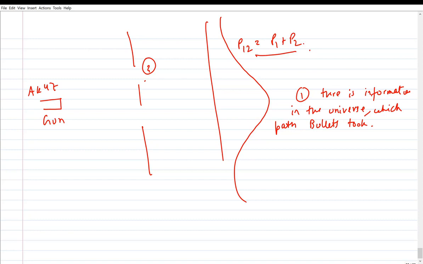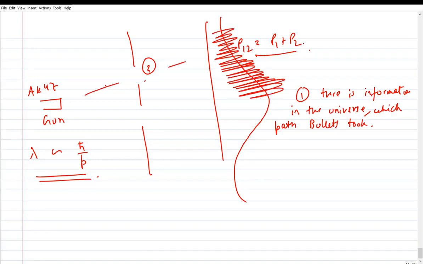The other explanation is that the de Broglie wavelength associated with the bullet is so tiny that even if the bullets interfere, what sort of fringes are you going to get?